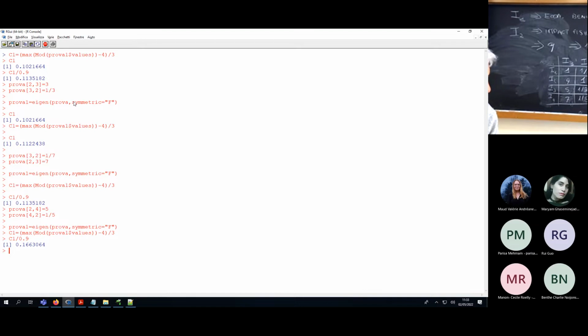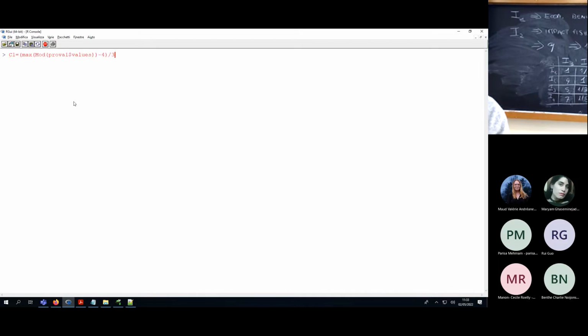Okay. I think let's try to put 2. Maybe I'm not correct, but let me try it this way. I clear the screen, just one second, because otherwise you don't see anything. It is improved a little bit.